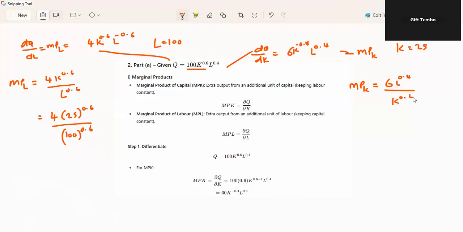Then we substitute. Where there is an L, we put 100 to the power 0.4, and for capital we have 25 to the power 0.4. So what do we get in that regard?